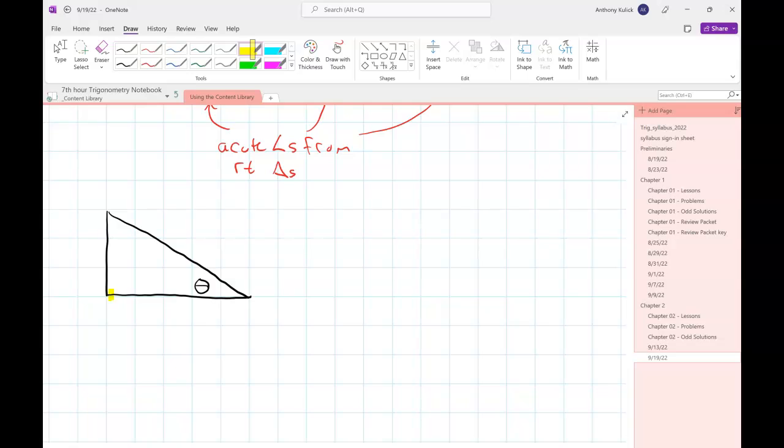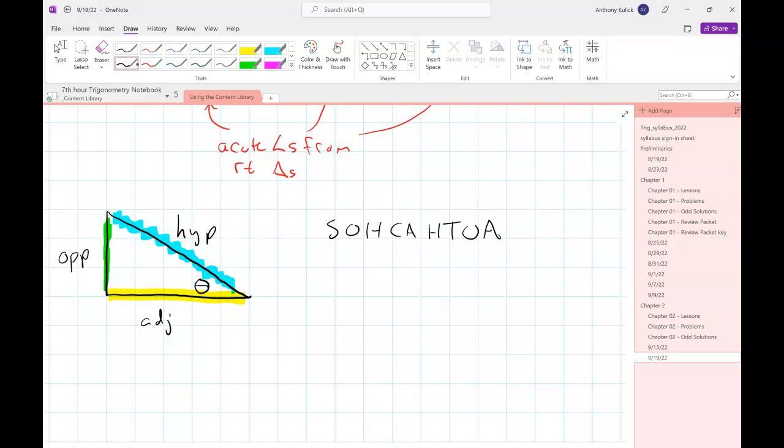So relative to this angle theta, what do we call this side here? Adjacent, right? Heard somebody whisper it. And what do we call the green side? Opposite. Great. And then the blue side we call hypotenuse. So we use those names, opposite, adjacent, and hypotenuse, along with the acronym SOHCAHTOA to help remember our definitions for sine, cosine, and tangent, right?